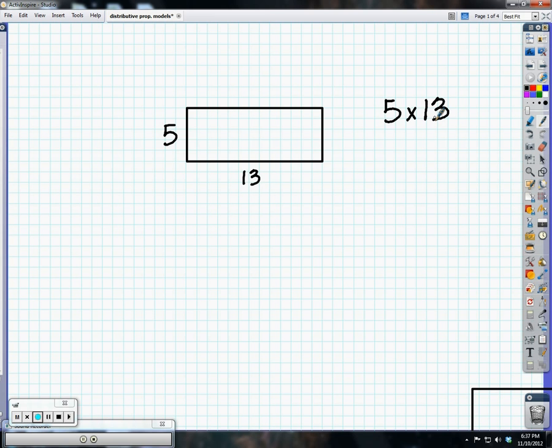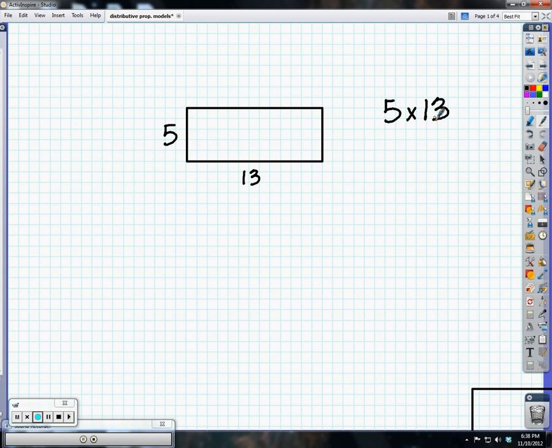For our purposes of modeling the distributive property, however, we're going to break this down a little bit further. One way you can think of the distributive property is to take a multiplication problem and break it down into simpler numbers to work with mentally.